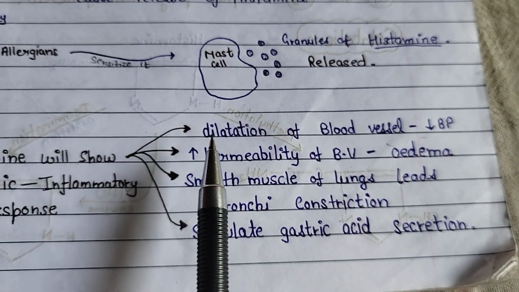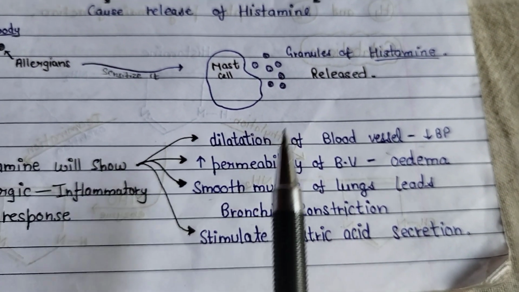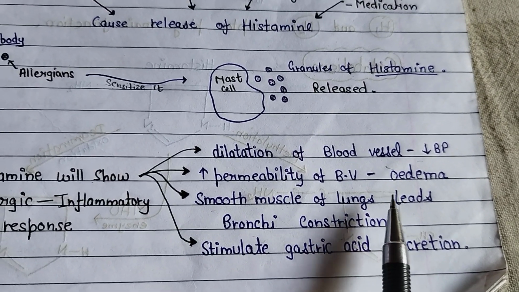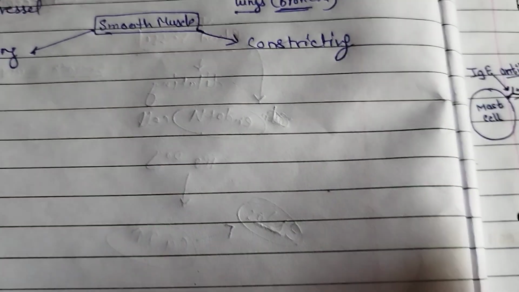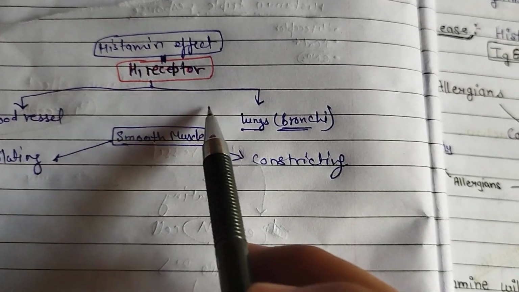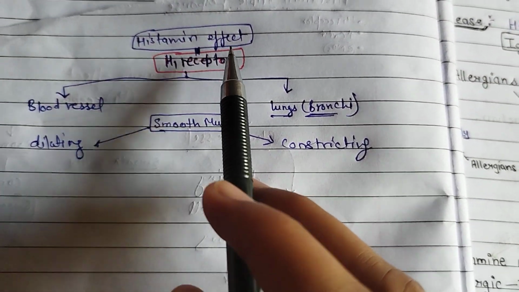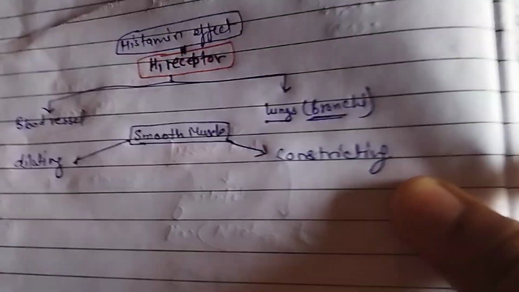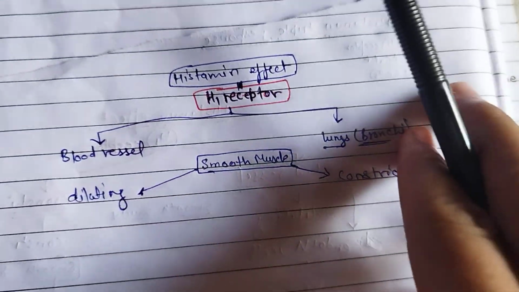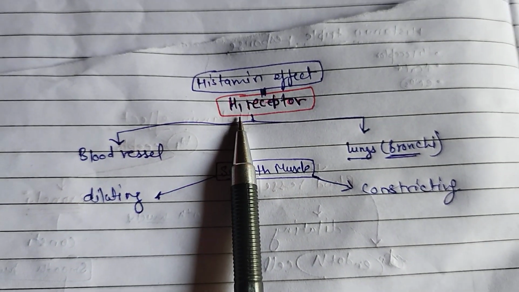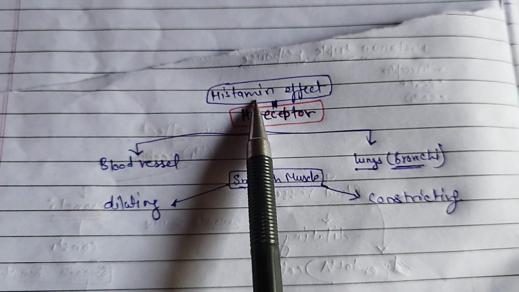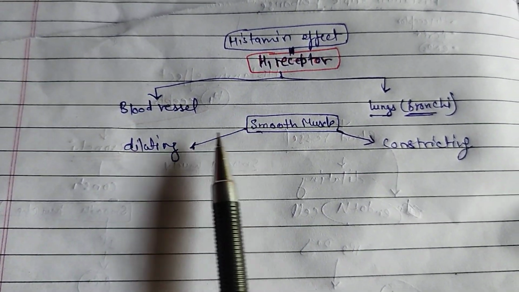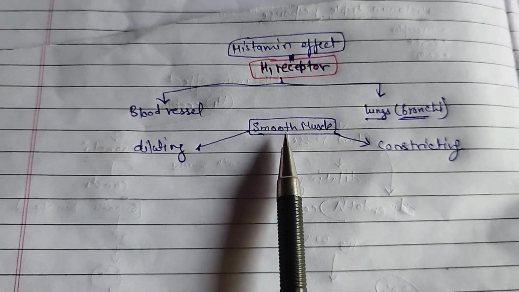Now the question is why it causes dilation in blood vessels and constriction in smooth muscle in lungs. At both places the receptor is the same, and the chemical moiety acting on this receptor is the same, and just in two different locations it gives two different effects on the same muscles.